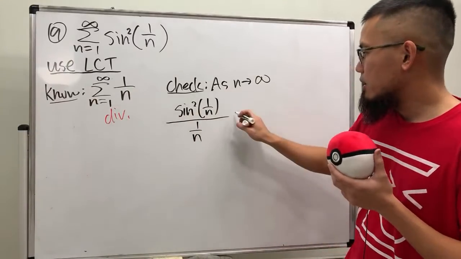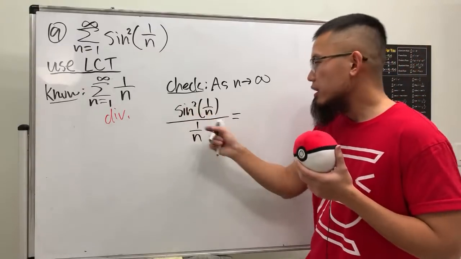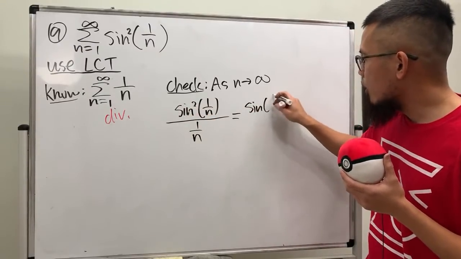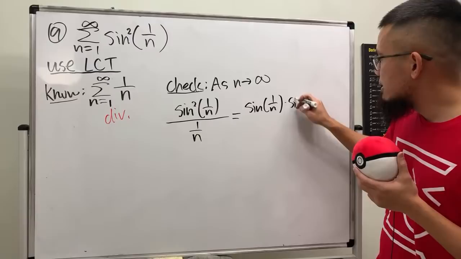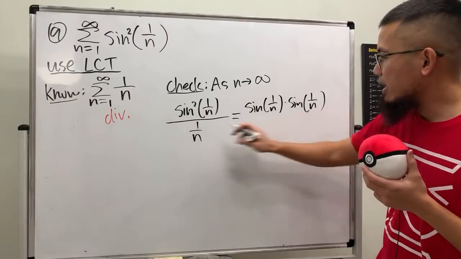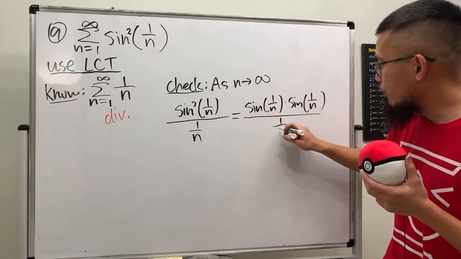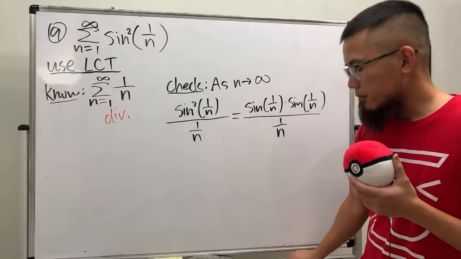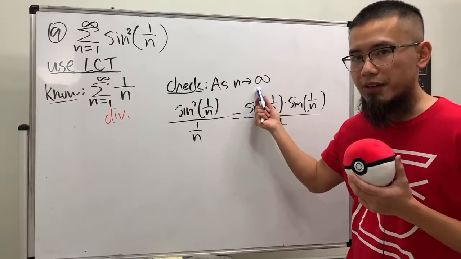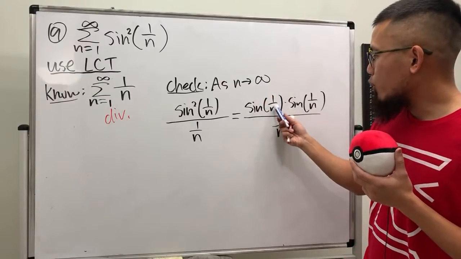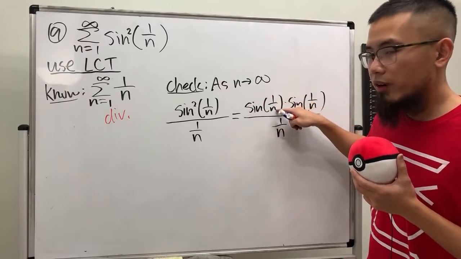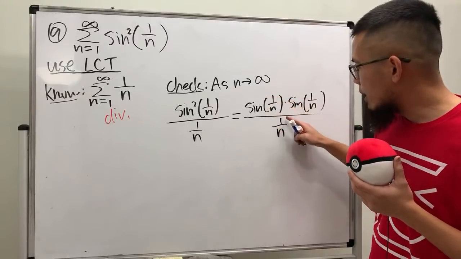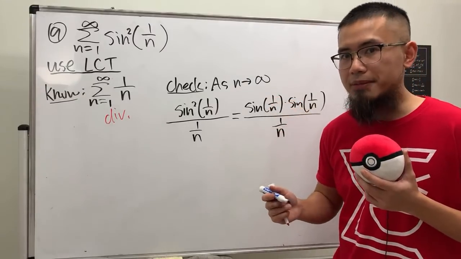Because we have the square, this means the same as sine of 1 over n times sine of 1 over n. And then we have the 1 over n right here on the bottom, right? Now, as n goes to infinity, 1 over n goes to 0. Likewise, 1 over n also goes to 0, right?